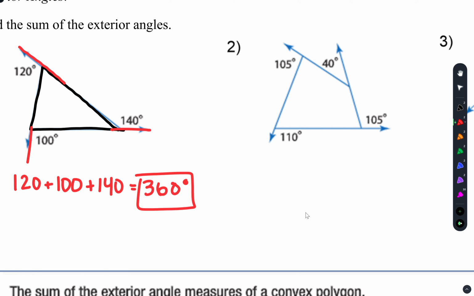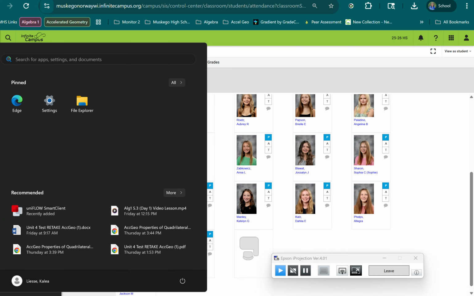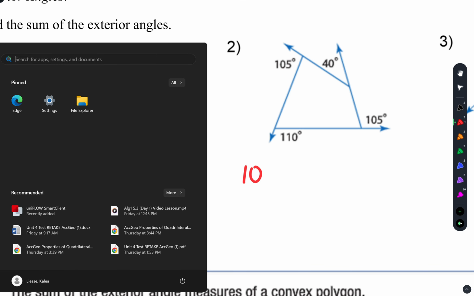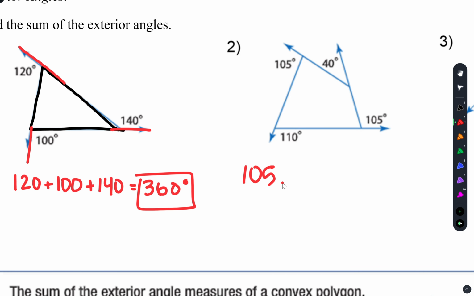Here's a quadrilateral. It's got 4 sides. I'm going to do 105 plus 40 plus 105 plus 110. Any guesses what this is going to get us? It's 360.